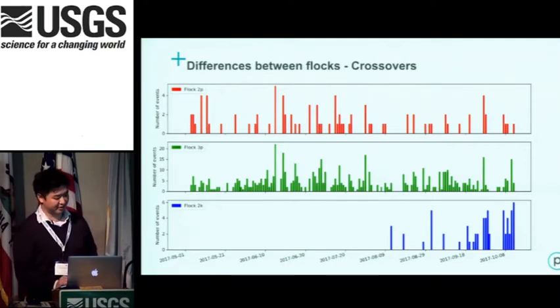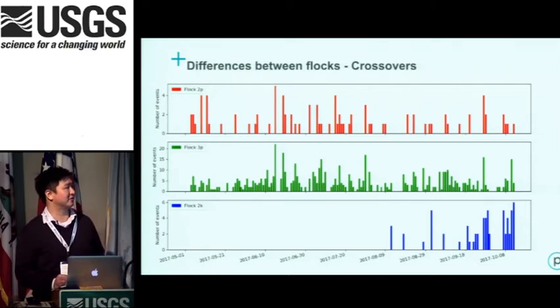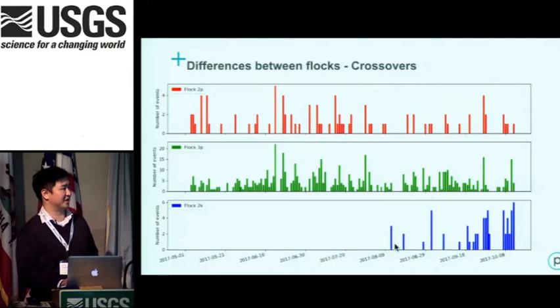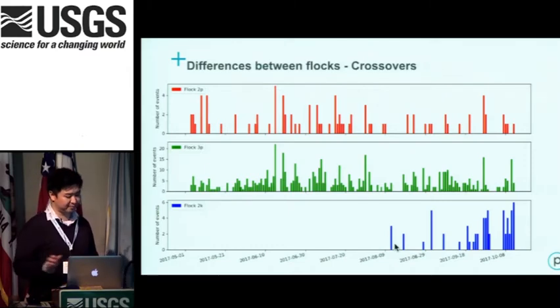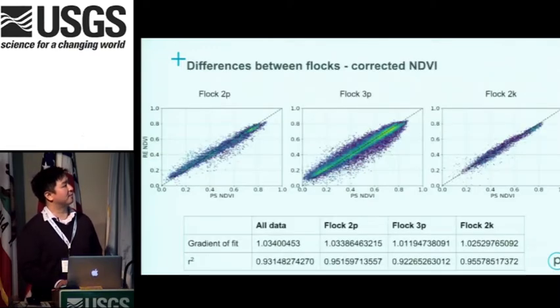Flock 3P is a set of 77 or so satellites that we launched in February, and Flock 2K around 40-something in August. You can see that we have a lot more data from Flock 3P because of the sheer number of satellites compared to Flock 2P, and we only started getting data after the launch, obviously, for Flock 2K. But you can see a rough idea of how frequently we got crossovers for each of the flocks.